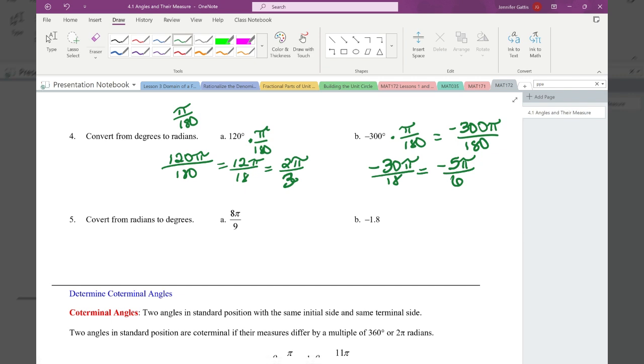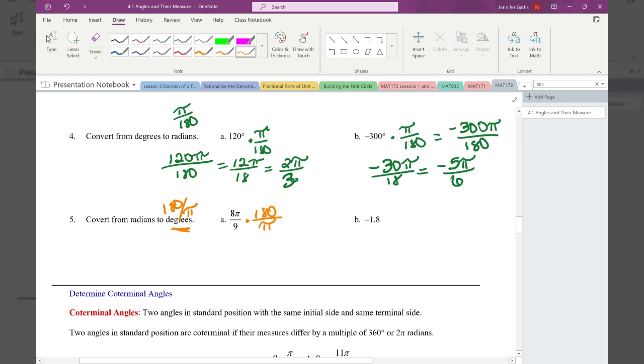All right. Now, if we are converting from radians to degrees, we're starting at radians and going to degrees, which means that we want to have degrees on top. So we're going to multiply by 180 over pi.